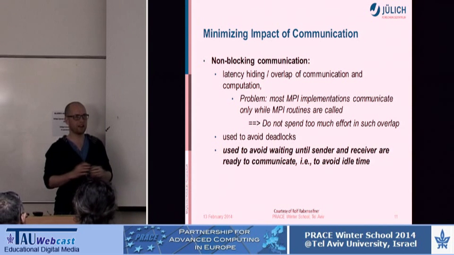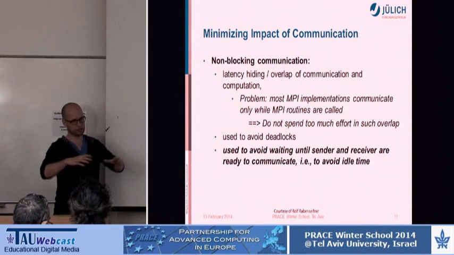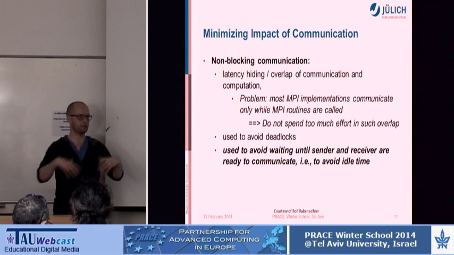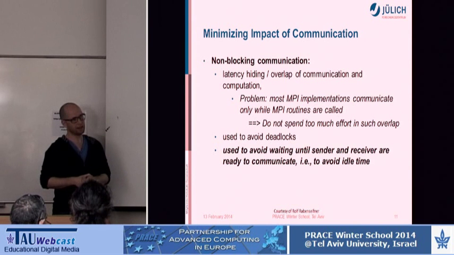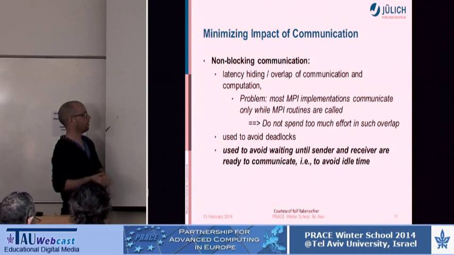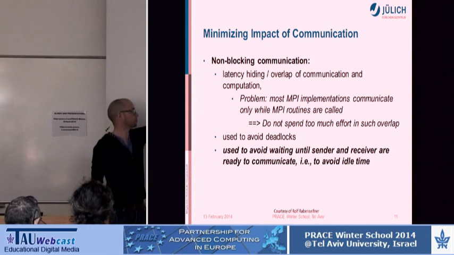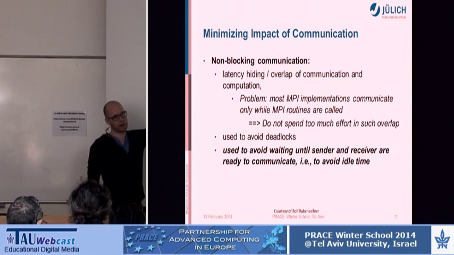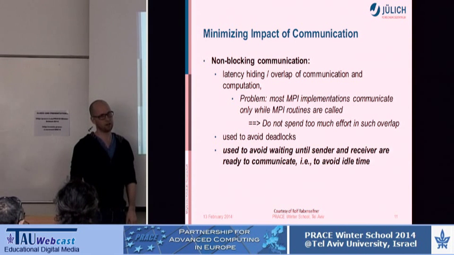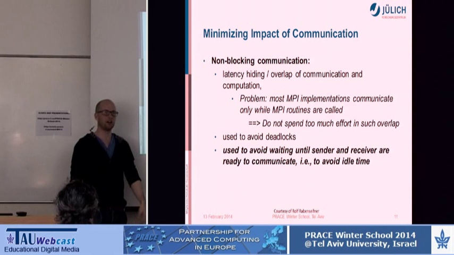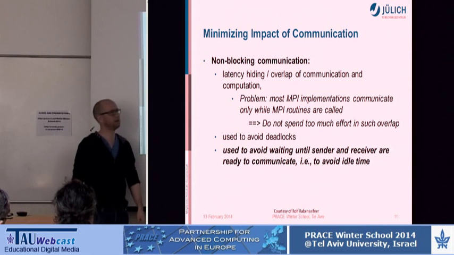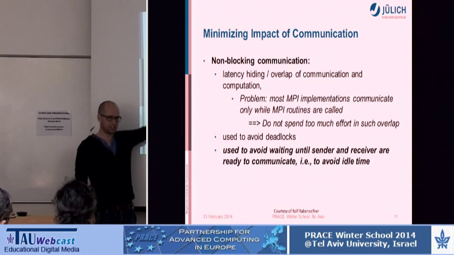In theory, you can send a message in the background and do something else. In reality, the implementations don't necessarily do that very well. So don't spend too much time trying to do these things, because what actually happens depends on the MPI implementation. In theory, it should work. In reality, if it's not supported by the implementation, it's not going to work very well.